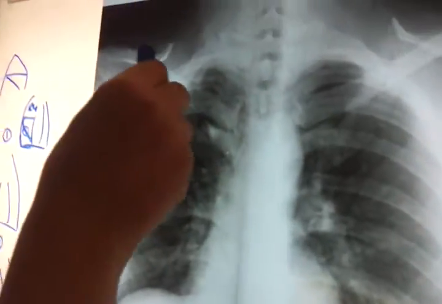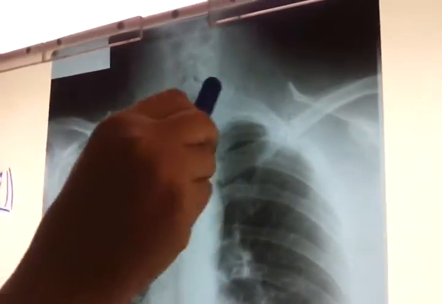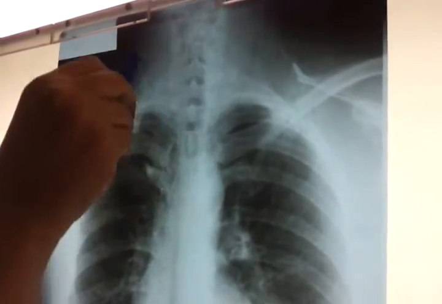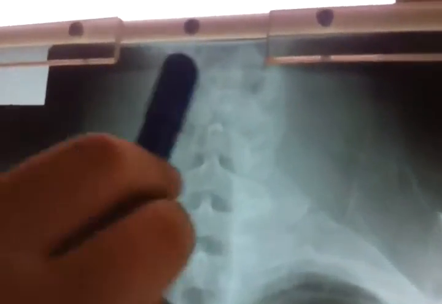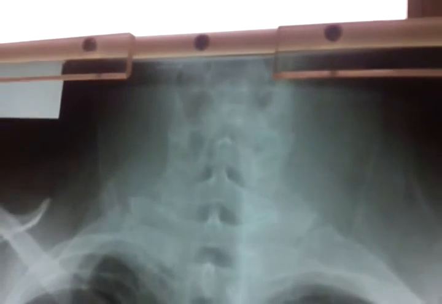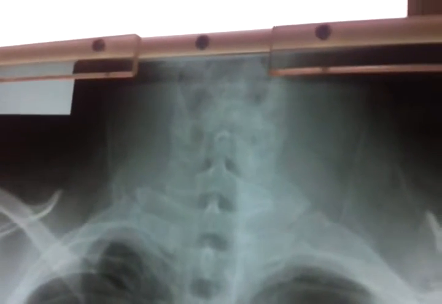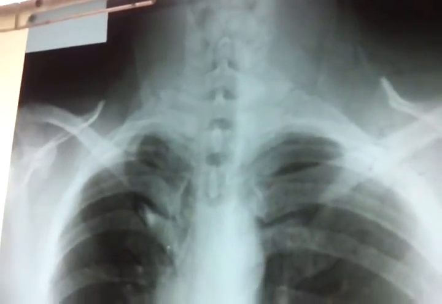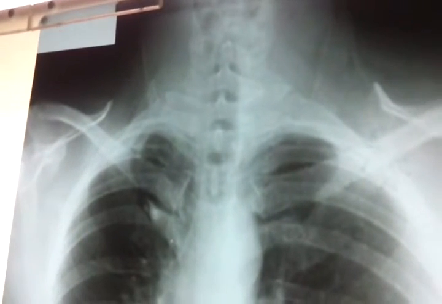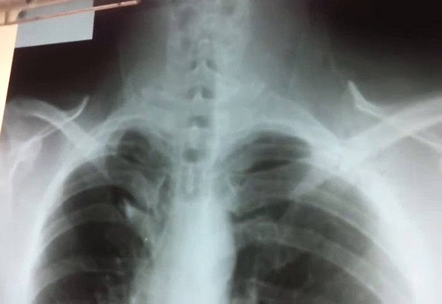Extrathoracic lesion, there is no extrathoracic lesion. But there is an enlargement of what? Of the thyroid. He has a thyroid goiter. What could this goiter be? Might be Graves' disease causing thyroid enlargement, but usually Graves' disease occurs in what?